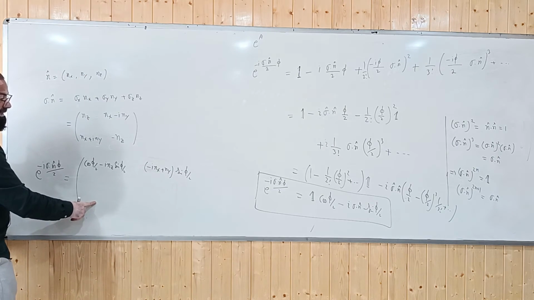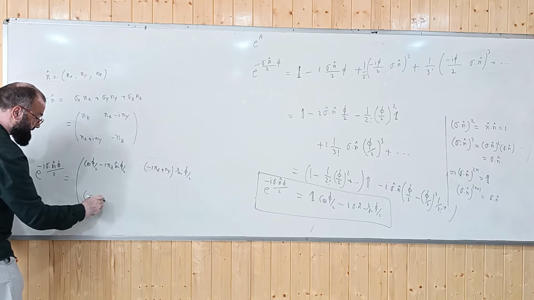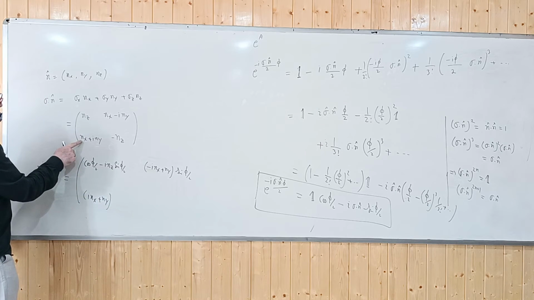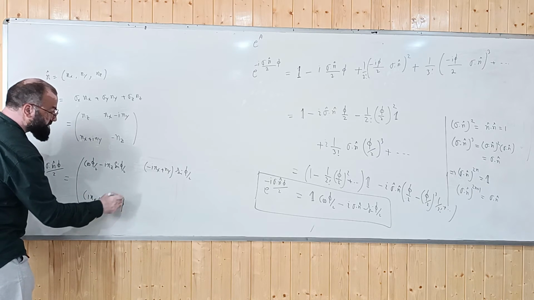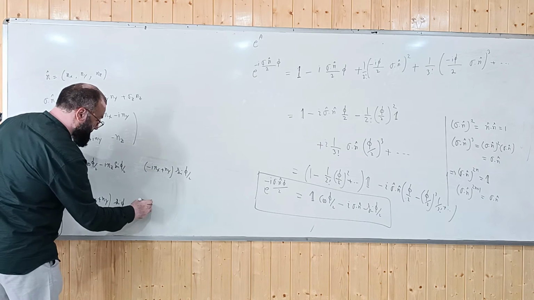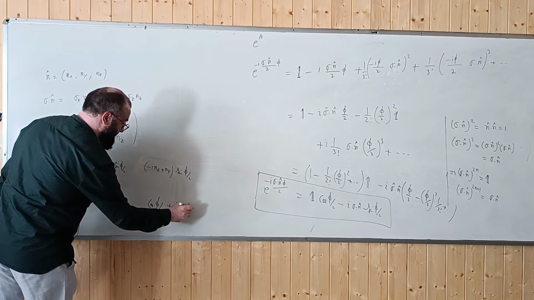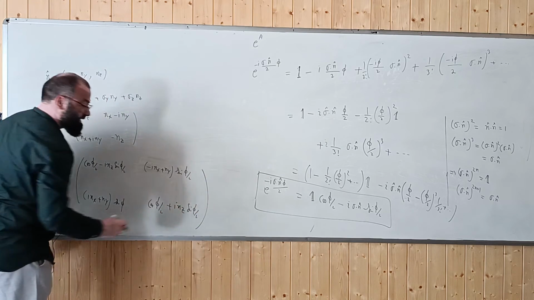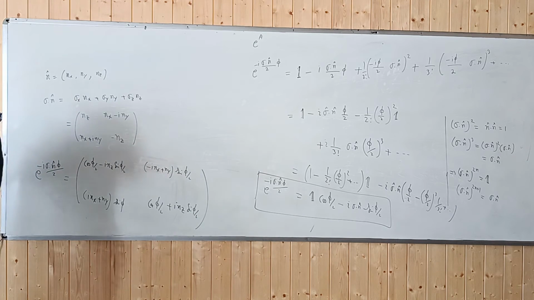It is the conjugate term, so it is minus i nx minus i ny, sine of phi by 2. And what about this one? It is cosine of phi by 2 plus i nz sine of phi by 2. Got it? I am simply rewriting the matrices. Is this okay? Okay, good.